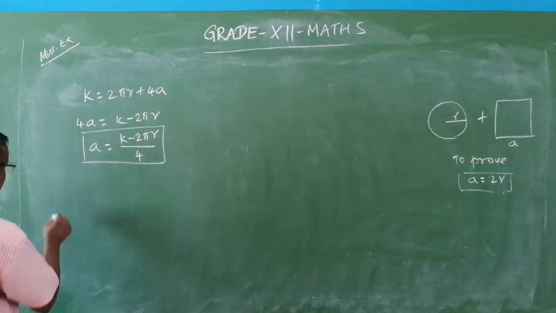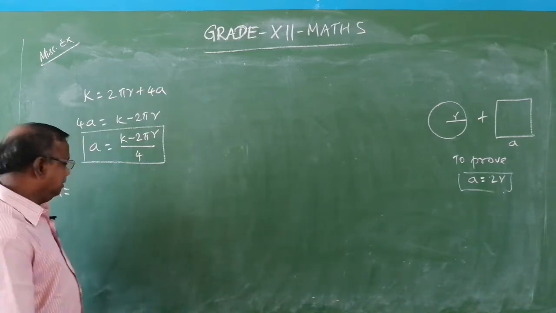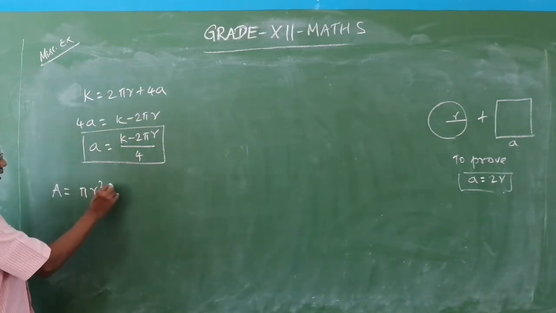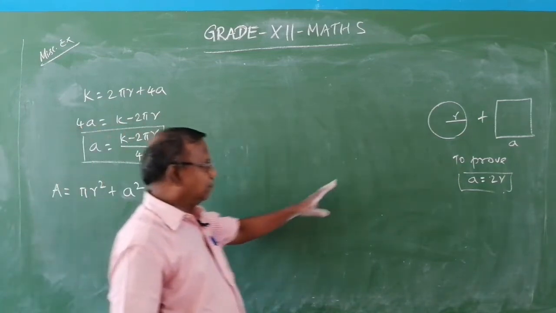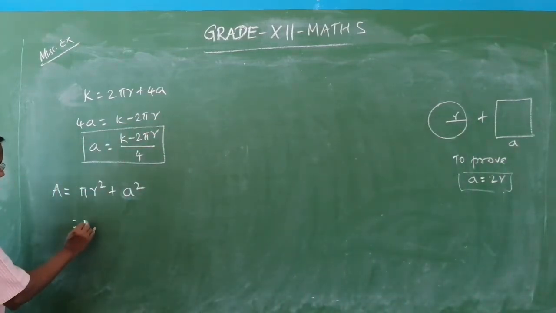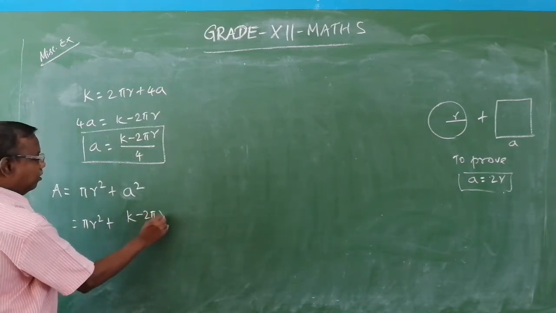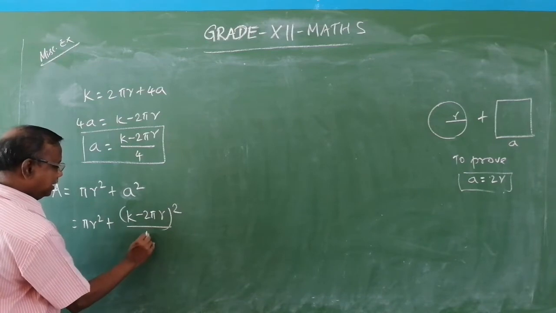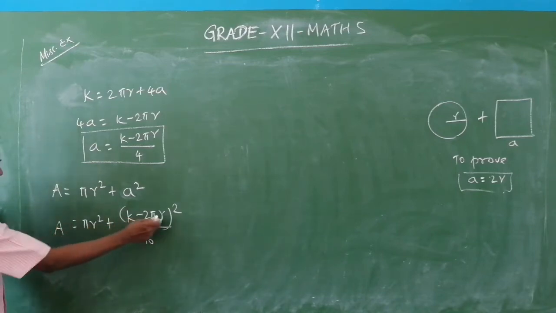Now let A be the combined area of square and circle, that is pi r square plus a square, which equals pi r square plus k minus 2 pi r whole square divided by 16. So A is a function in r, k is a constant, so we have to differentiate this function A with respect to r only.